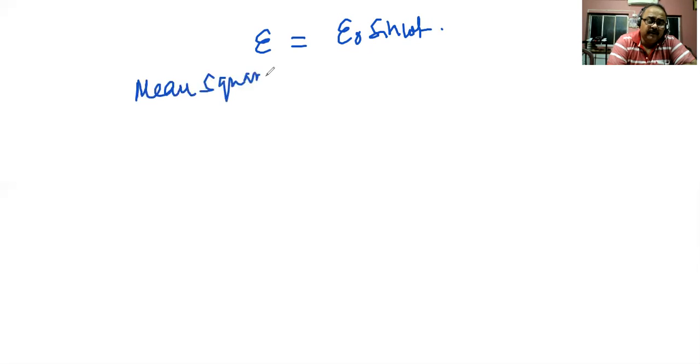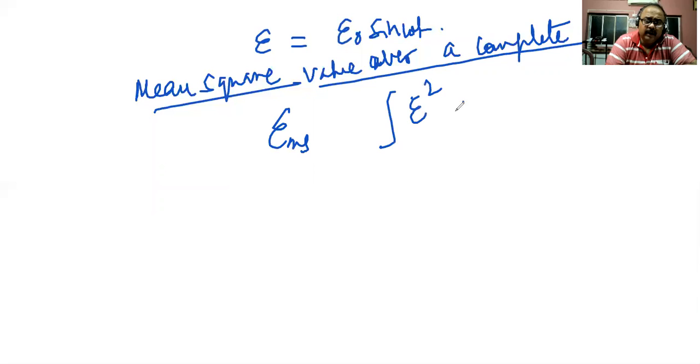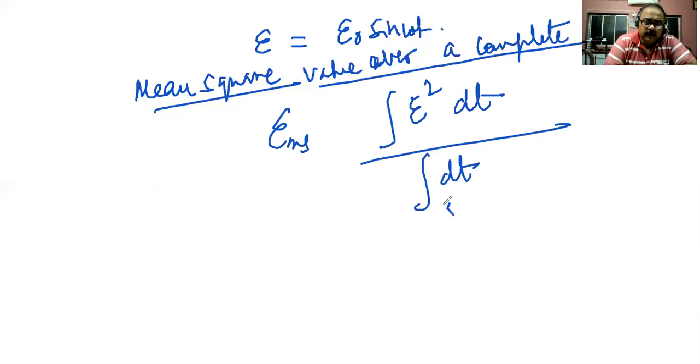If I have to find the mean square value over a complete cycle, I can write E mean square equals the integration of E square dt divided by the integration of dt, from 0 to T. So that is E square.